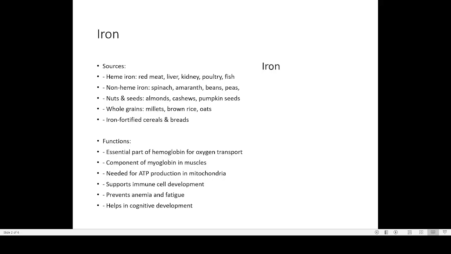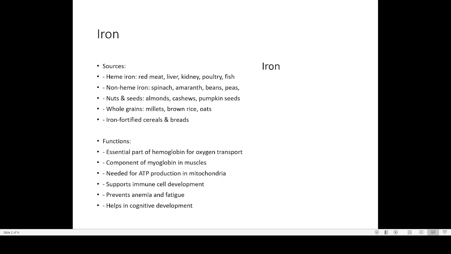Now coming to the functions, here you can see that in the center of the hemoglobin there is an iron. So if there is no iron mineral in our body, there is no proper formation of hemoglobin. So for the development of hemoglobin, iron is very much necessary.